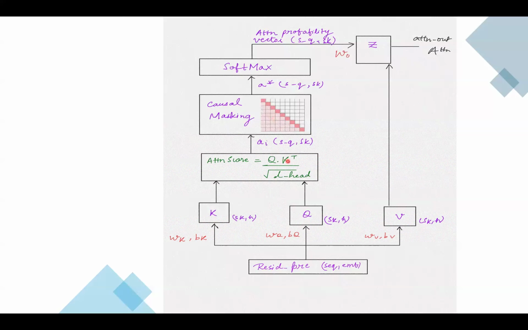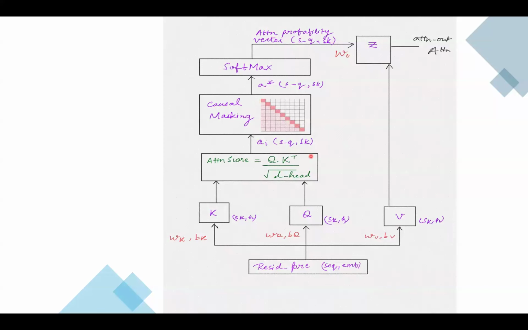What it will represent is, for each value of this matrix, how much a key position matters. For example, if I'm talking about this particular token here, the first token, then among all the key positions, which position is important for this particular token or position?